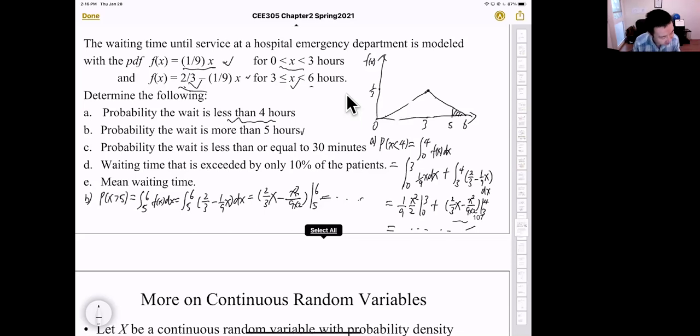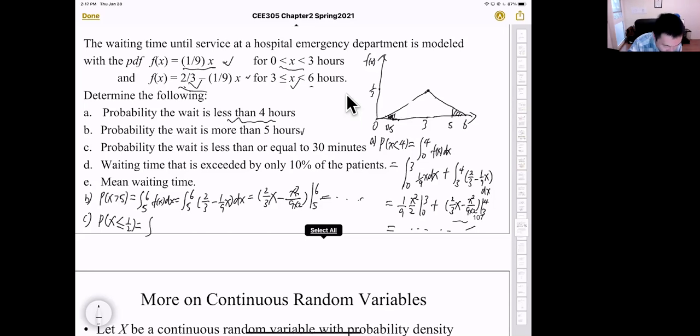C is similar. Probability the wait is less than or equal to 30 minutes. So 30 minutes is half an hour. So that is this area, for P(X less than or equal to half an hour). Again, the endpoints don't matter. So less than half an hour, the probability is the same as less than or equal to half an hour, because this is a continuous variable.